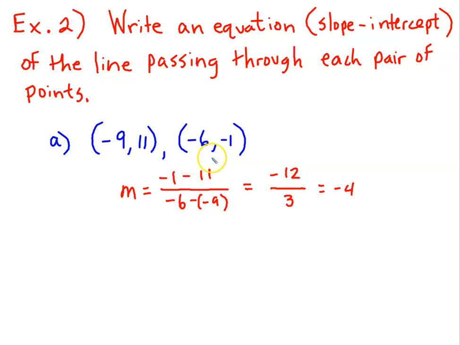And now we pick one of these points. It really doesn't matter which one we pick to plug in for x and y. So I'll just go with the first one. You would be okay if you used the second one.